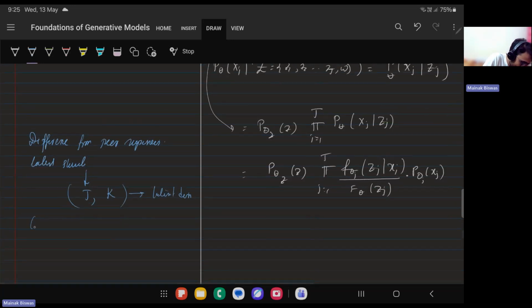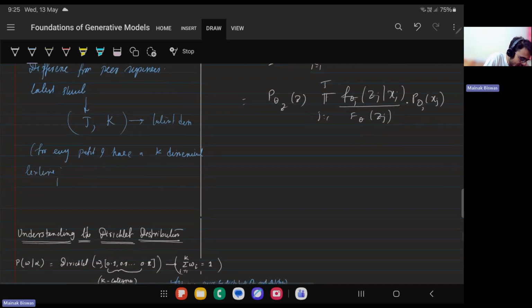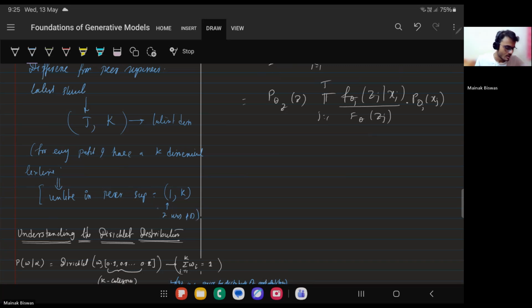For every patch, I have a K dimensional texture information. Unlike in the pure supervision case, where Z was 1 comma k, just one random variable, 1D.